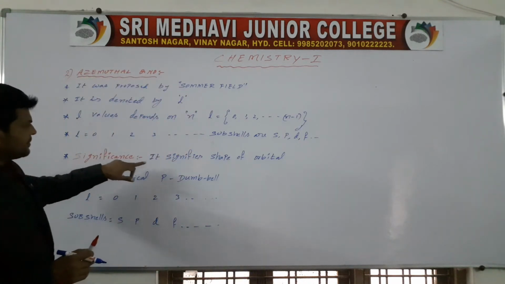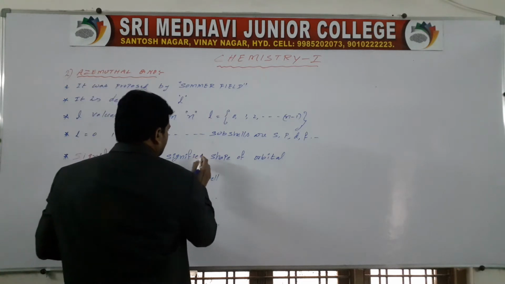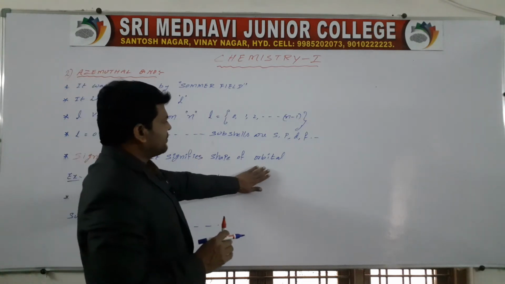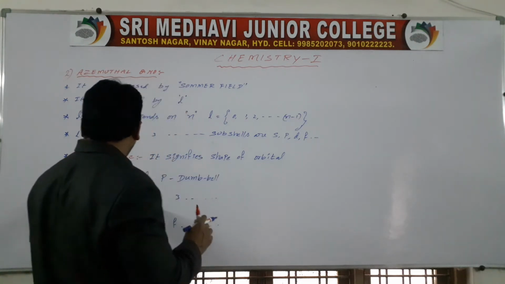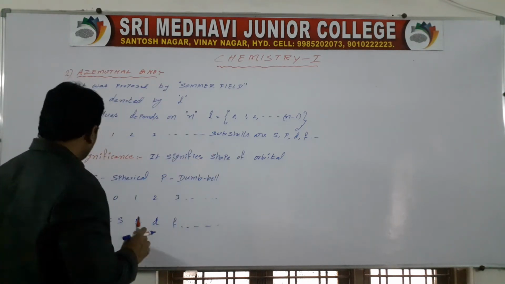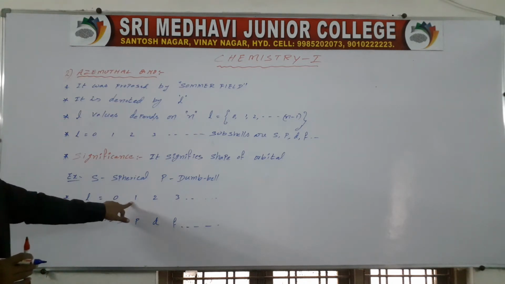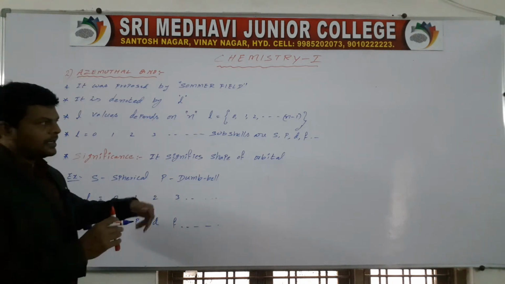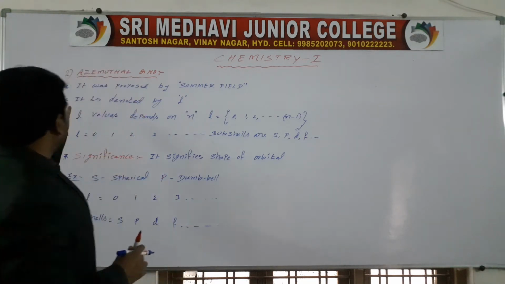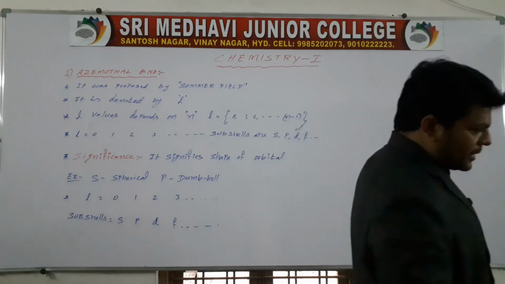Its significance is that it signifies the shape of orbital. So s is spherical, p is dumbbell, like this. If L value is 0, subshell is s, 1 is p, 2 is d, like this. This is about the azimuthal quantum number.